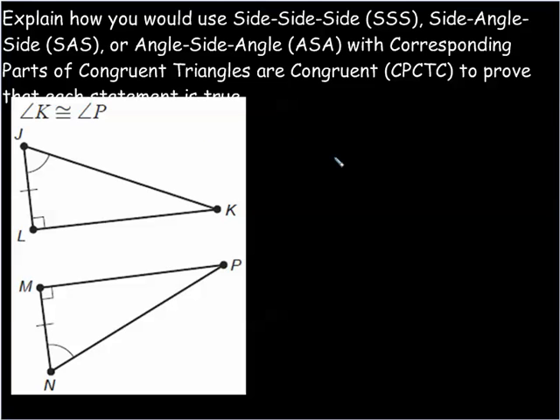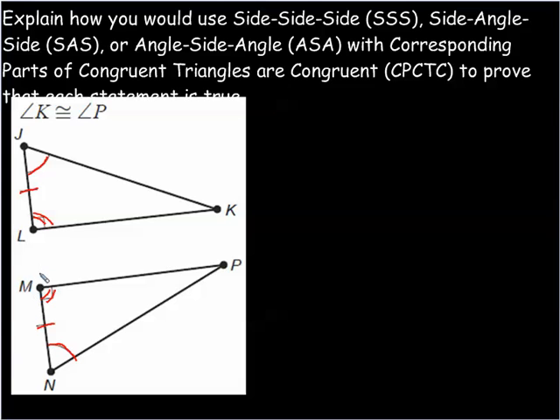If you notice, that's not marked in this picture. What we do notice is that they've marked angle J congruent to angle N. We know that L and M are congruent because they're right angles. And they're saying that JL is congruent to MN.